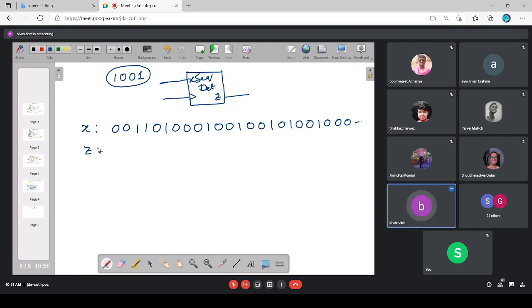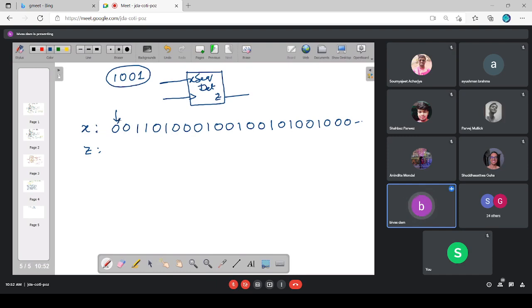Do remember that you have no prior information about the bits which are going to come. When you are observing this particular bit, you have absolutely no idea what the next bits will be. But you do have an idea about the previous bits because they are already available with you.